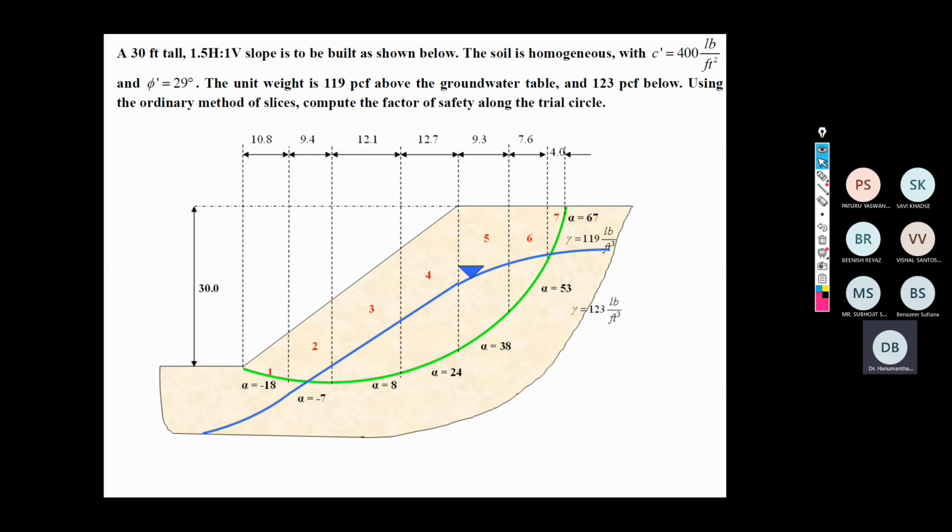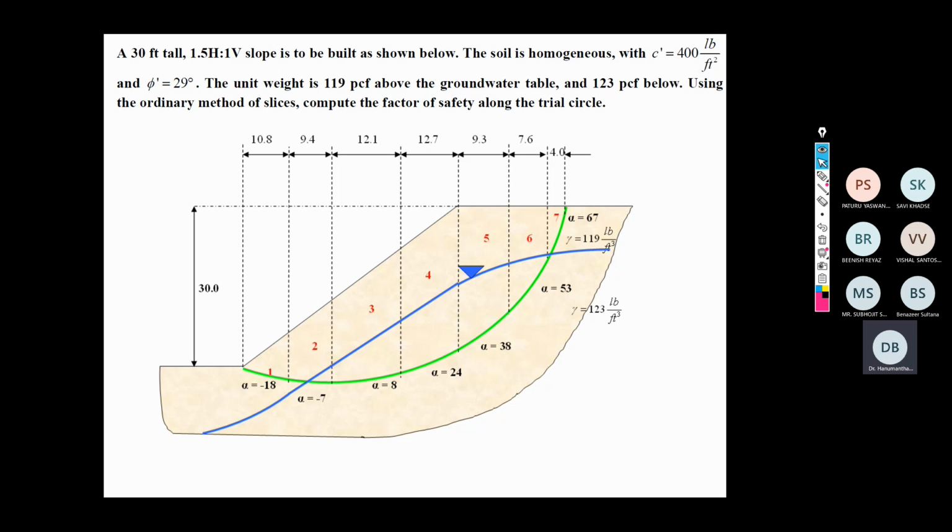But now go for another sum that is based on the method of the slices. In reality, you cannot directly use the manual methods for calculating the factor of safety for the method of the slices because it is very laborious. But just for example's sake, I'm showing one of the examples here so that you can understand.